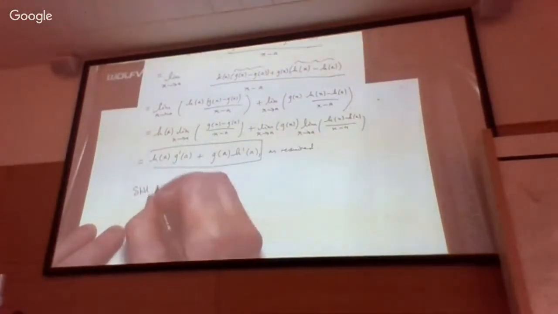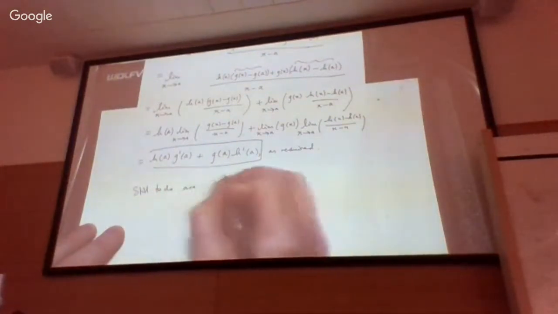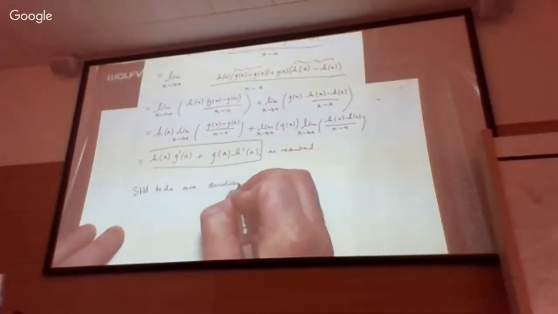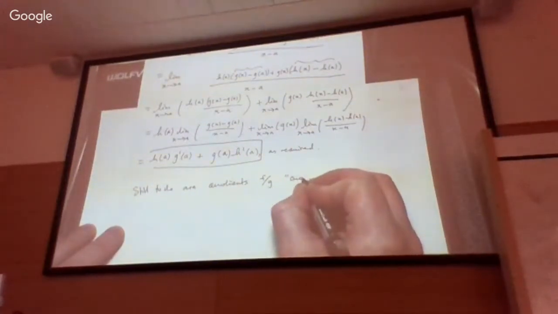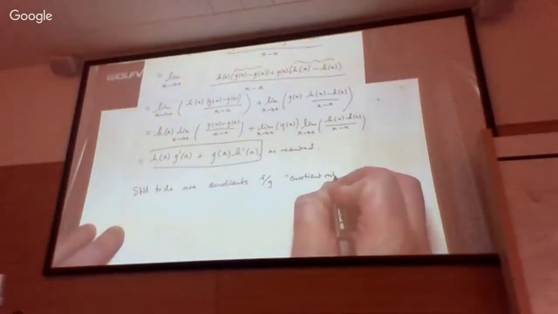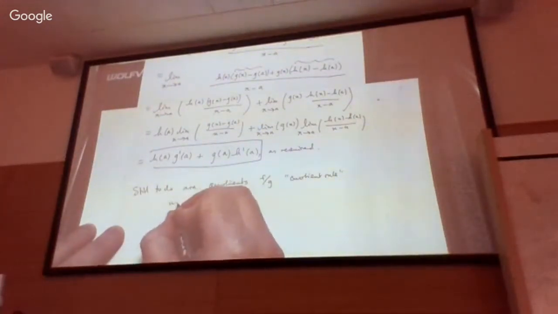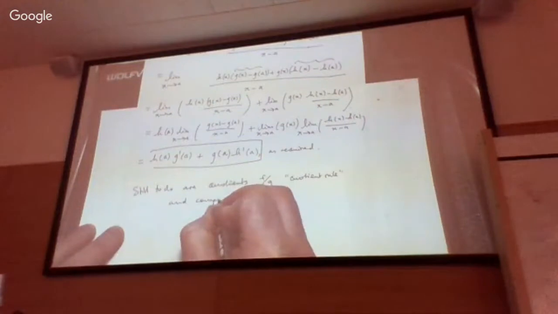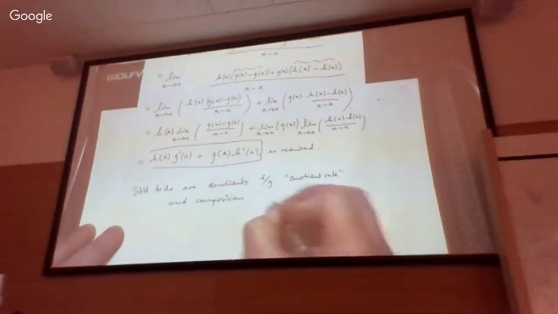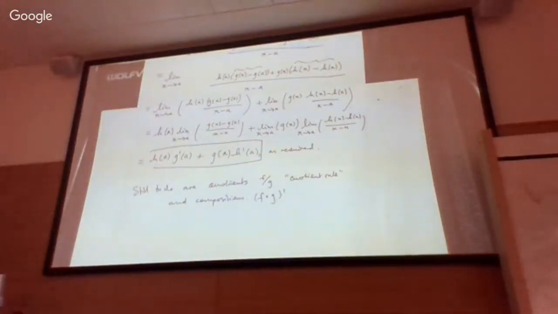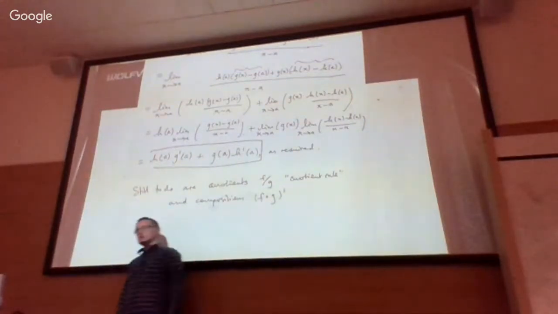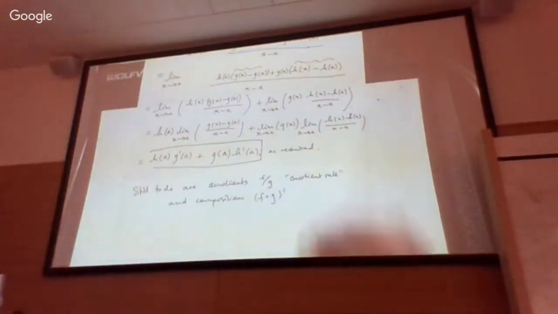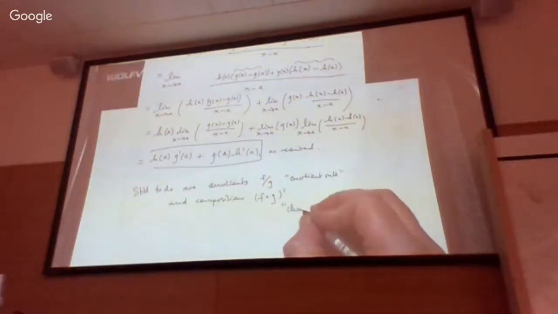So still to do are quotients, like f over g. That's the so-called quotient rule. And compositions: how to deal with the derivative of a function f after g. This isn't something called a composition rule, although it might have been called that, but the name attached to that is the chain rule.